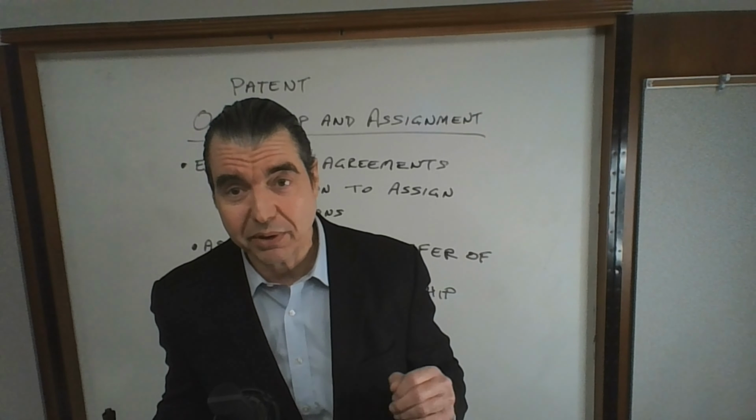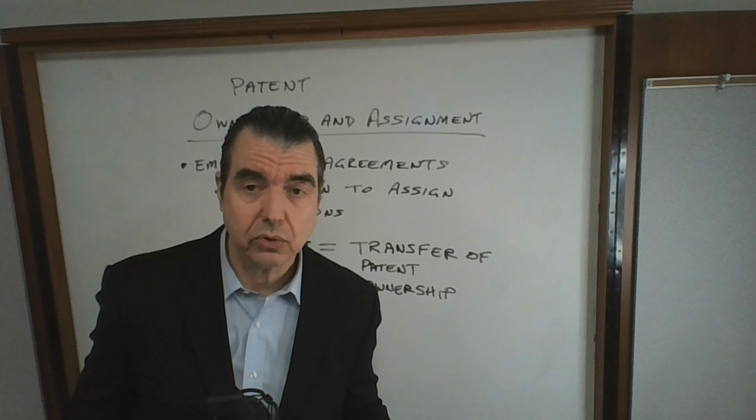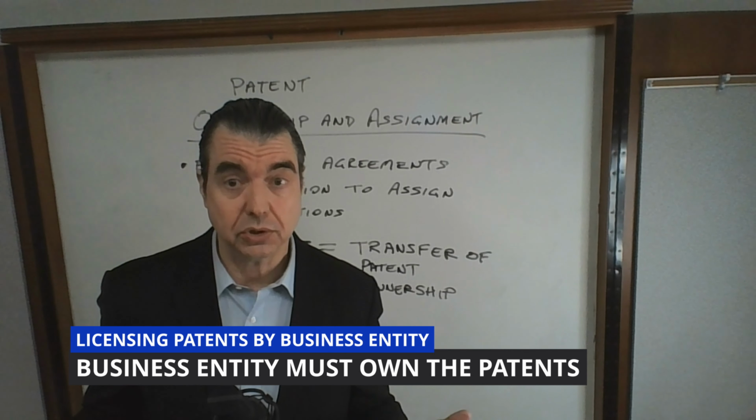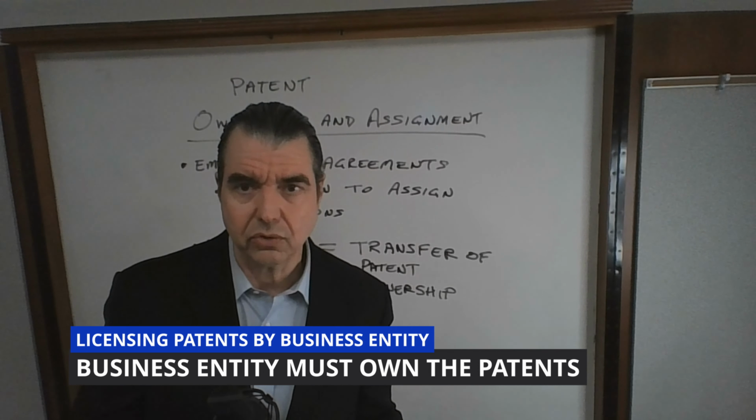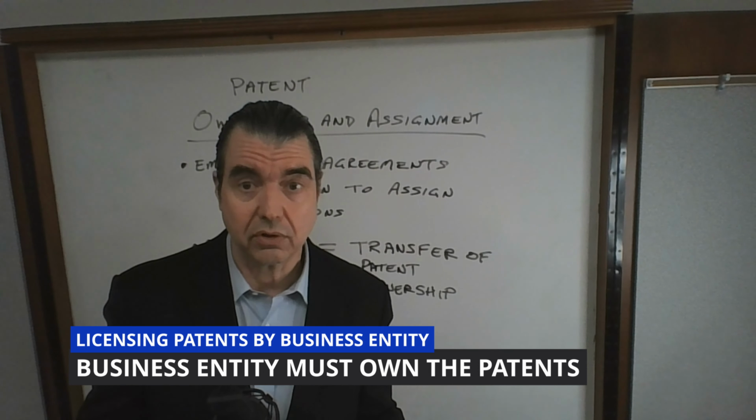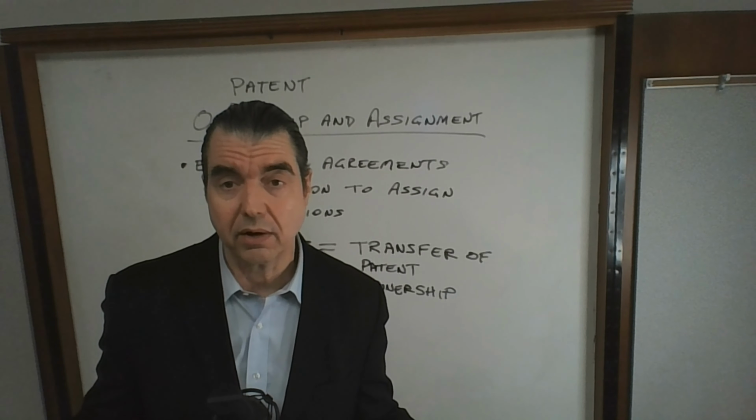If you create a business entity and you enter into a license agreement for patents on which, let's say you're the inventor, and you enter into a licensing agreement licensing those patents, and you sign as the corporate entity, as let's say you sign as the chief technical officer of your business entity, whatever that entity might be, the patent ownership has to be in the name of the business entity and not you as an individual.